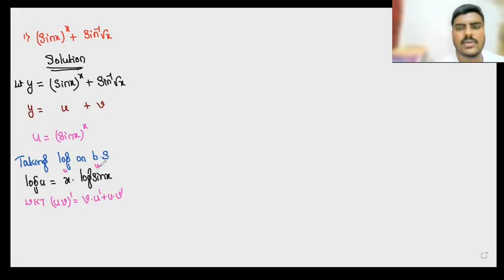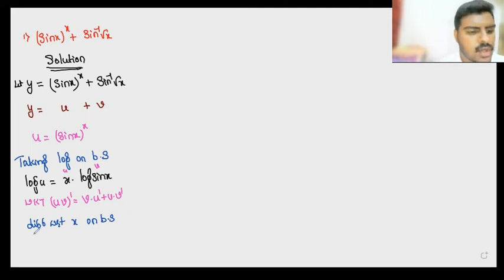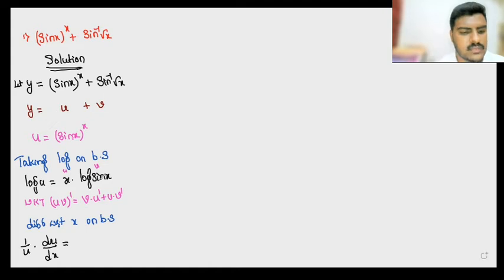Yes or no? And again, you should differentiate with respect to x on both sides. When you differentiate log u, it becomes 1/u into du/dx, equal to x log sin x.